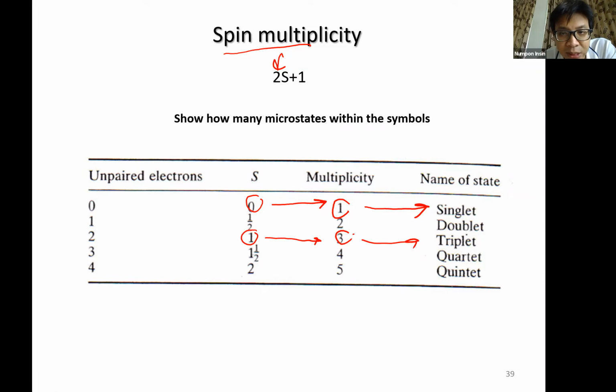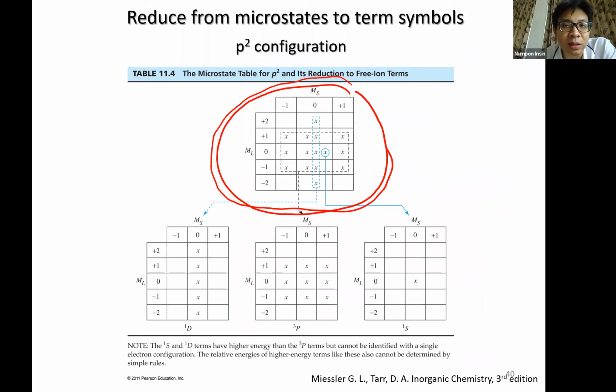Okay, so let's do it. Now you have the table of the 15 microstates that you distributed. You can put them into this table based on the ML and MS. The way to do that is you draw the biggest rectangular or square box out of this table first.